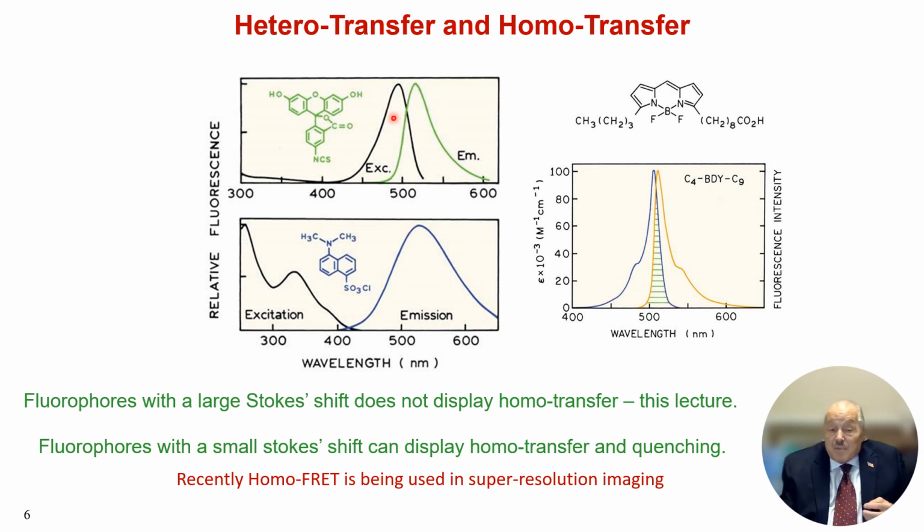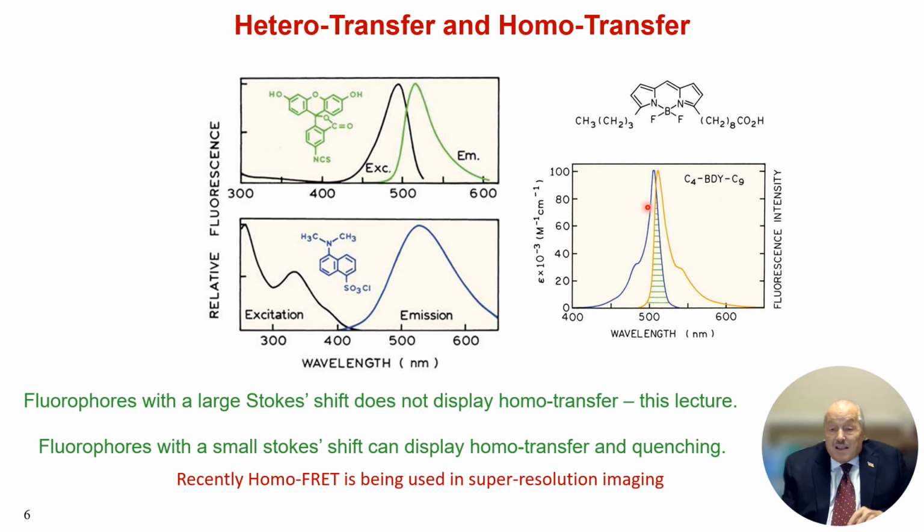If you have something like fluorescein, there's only a small Stokes shift between absorption and emission, and because of that, an excited fluorescein can undergo FRET to a nearby unexcited fluorescein, and that actually results in depolarization, which we'll talk about later.